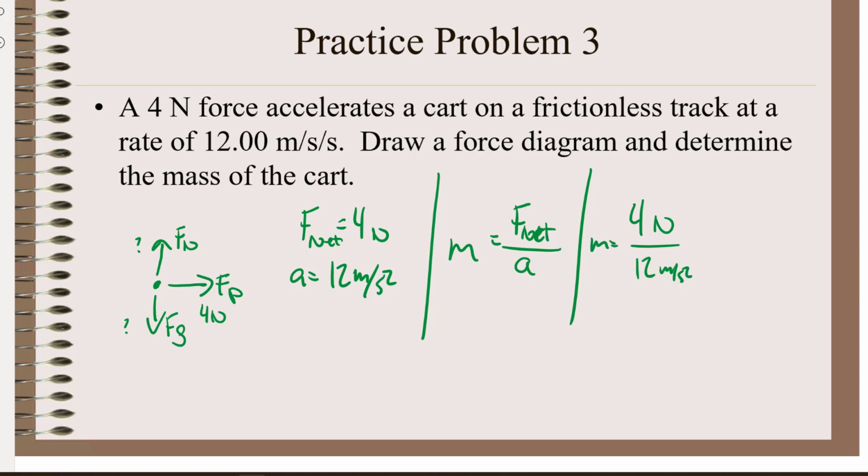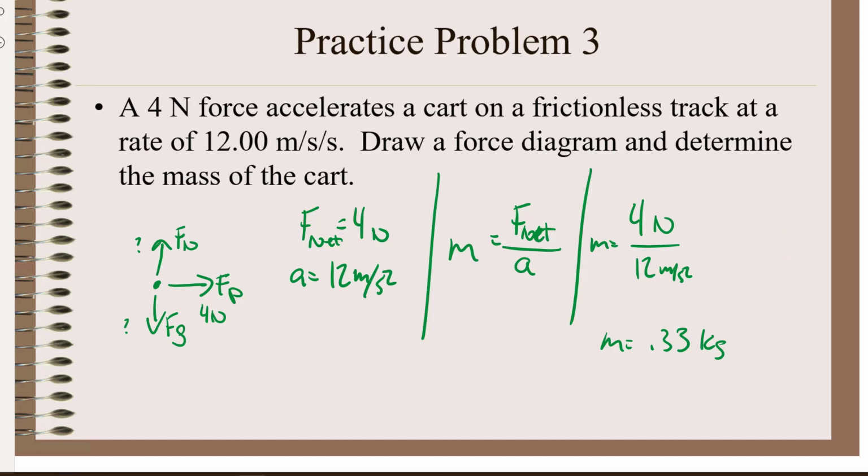So we get a mass of, we'll just say 0.33 kilograms. And if you want to see those units cancel out, again, a newton is a kilogram meter per second squared divided by meters per second squared. Those go away, leaving only kilograms.